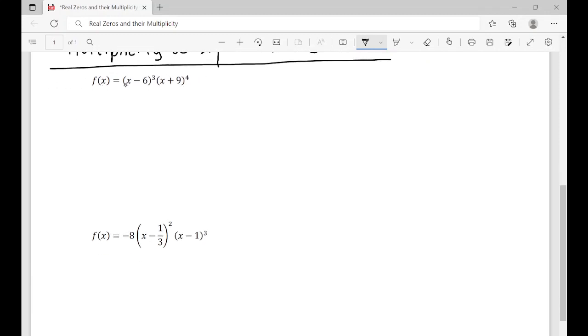Next, we have f of x equals (x minus 6) cubed times (x plus 9) to the 4th. Again, I'm going to set each one of these individually equal to 0. And now I'm going to solve. So I'm going to take the cube root of both sides, and I'm going to get x minus 6 equals 0.